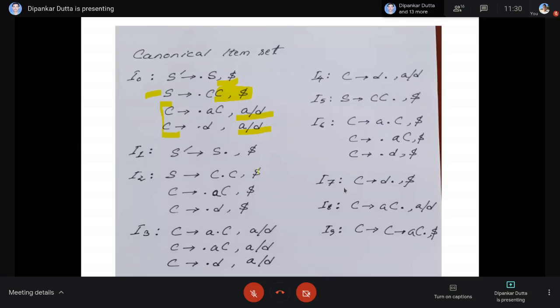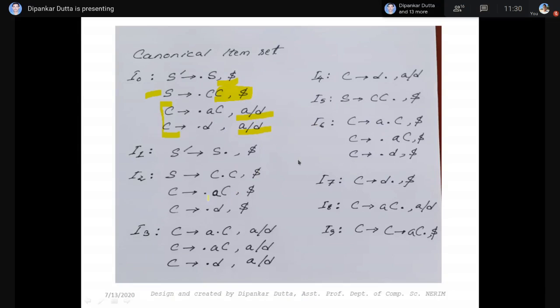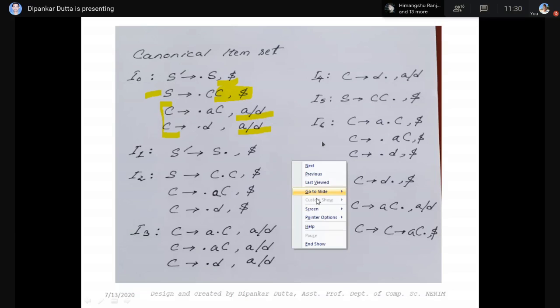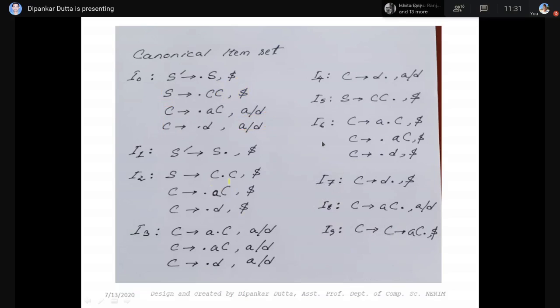Suppose in this particular production it is dot AC AD, but here we have written dot AC comma dollar. How is it possible? See here, dot followed by C, and what is beta? Nothing. First of beta dollar, dollar. Then look at the closure for C, two productions. For these two productions, what will be the look ahead symbols?